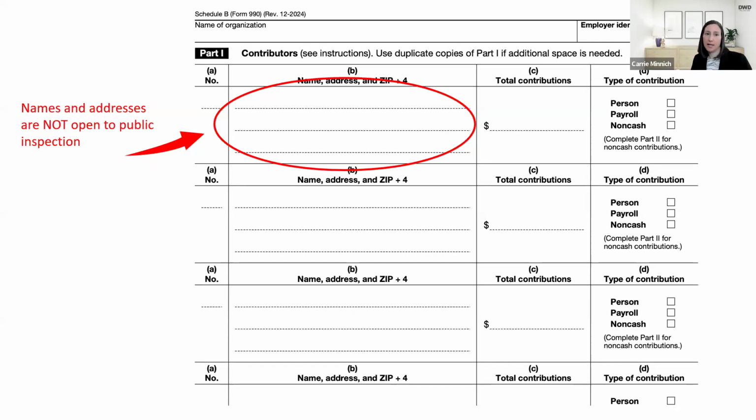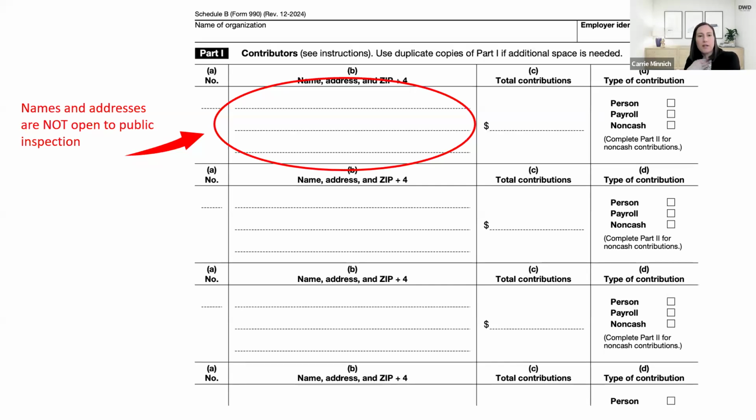The other thing to keep in mind is donor advised funds. Donor advised funds are becoming very popular in recent years, which is great. Donors use those to give money to organizations. However, when you are listing donors on this form, the contribution is coming from the donor advised fund, not the individual.